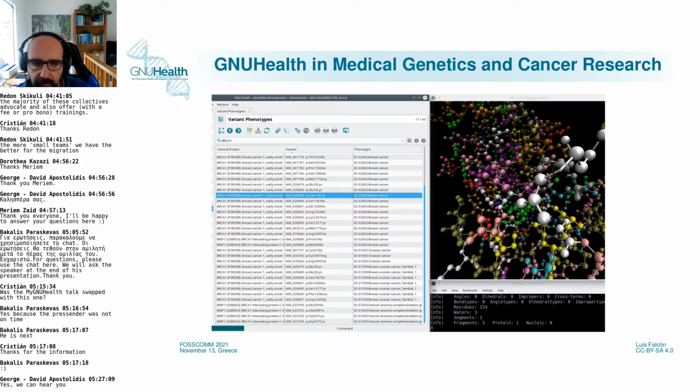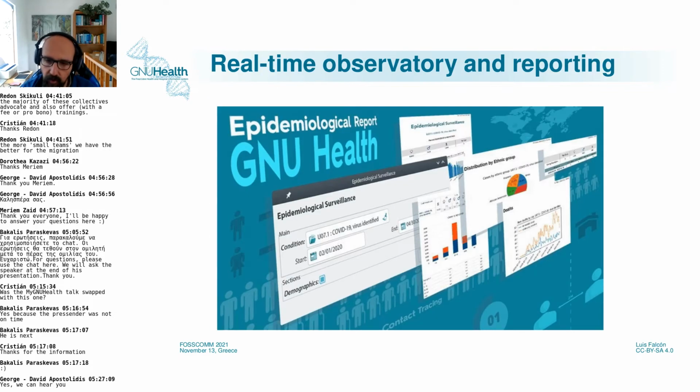Here is just one example, the BRCA1 gene and the different natural variations and mutations, with the different clinical significance of each. So if we really want to advance in bioinformatics, we really need open science, and GNU Health is all about open science.